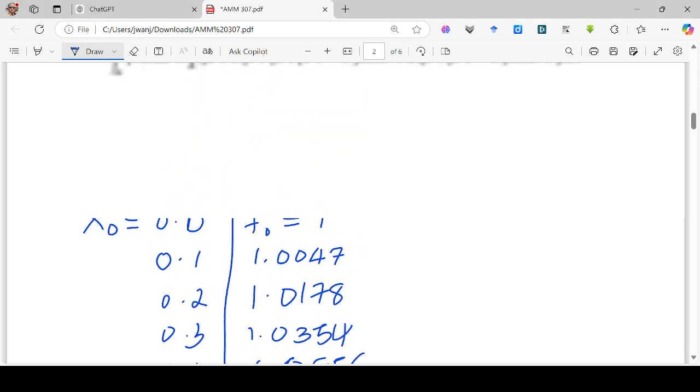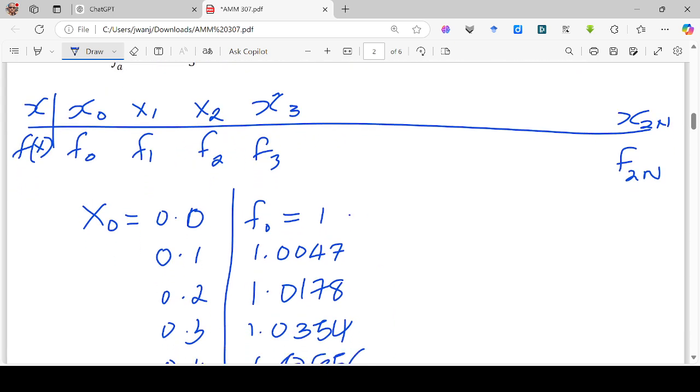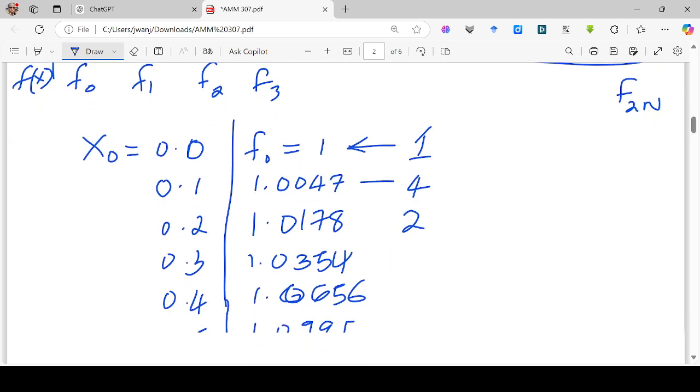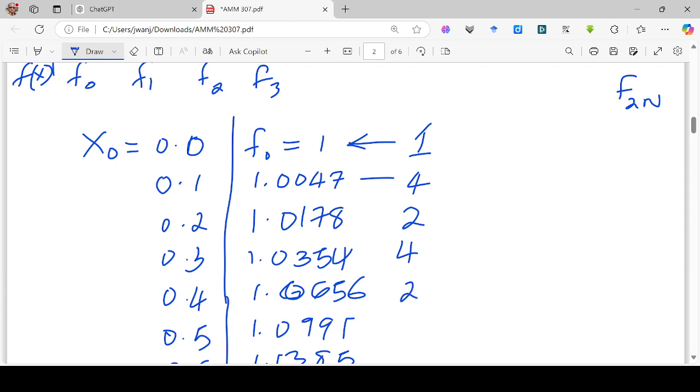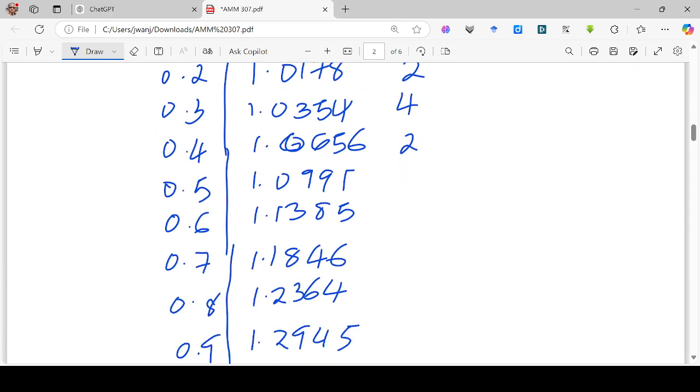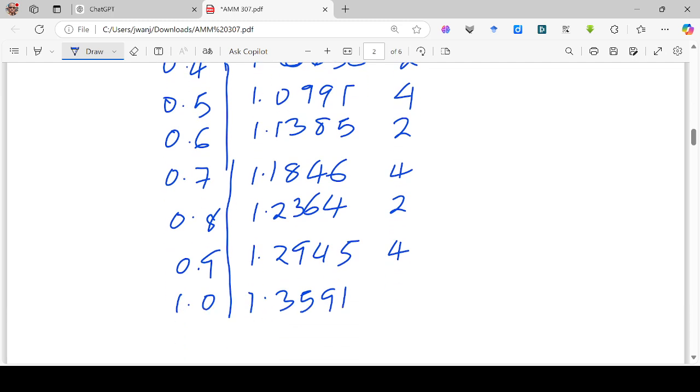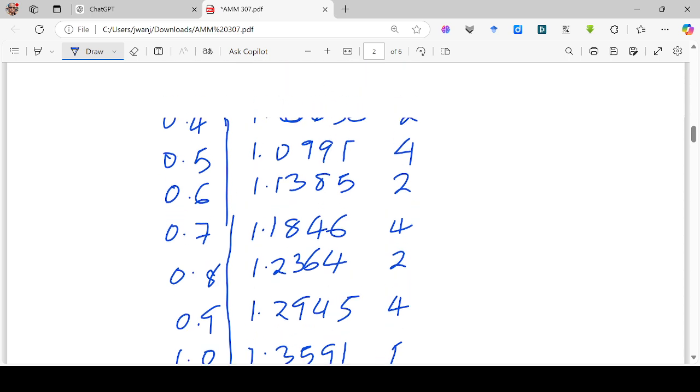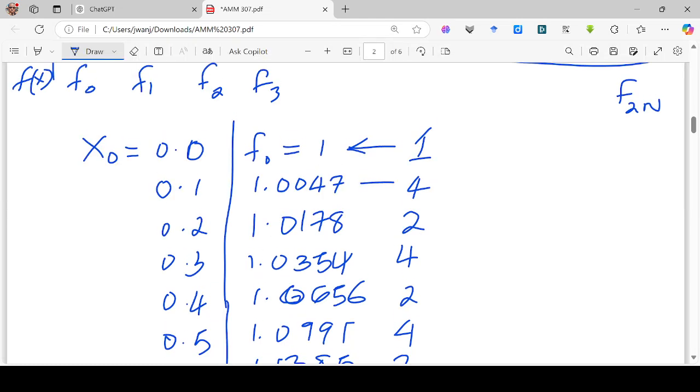When using Simpson's rule, the coefficients of this method are such that the first coefficient is 1, then the next one is 4, then 2, then 4, then 2. They alternate between 4 and 2: 4, 2, 4, 2, 4. Then the last one is 1. So the first is 1, followed by 4, and the last one is also 1.